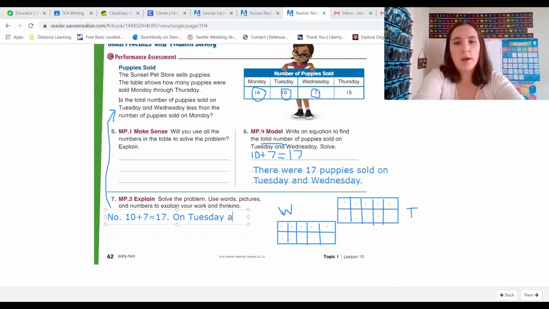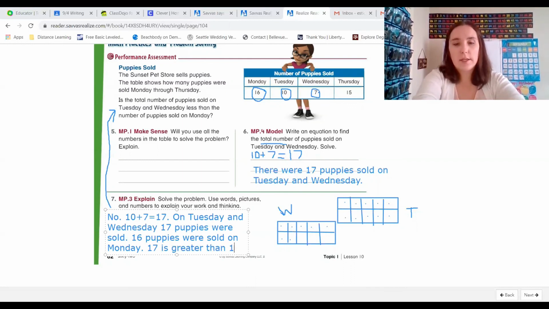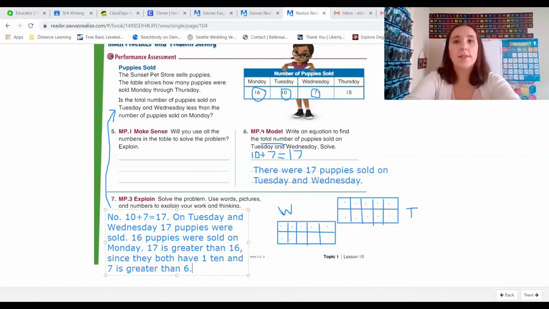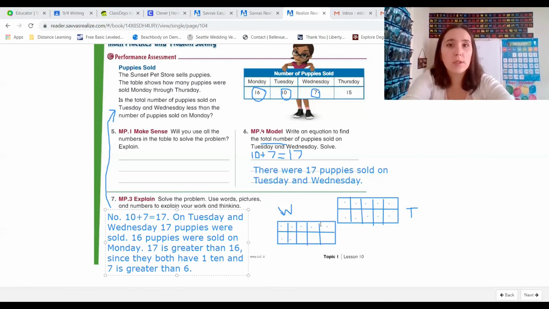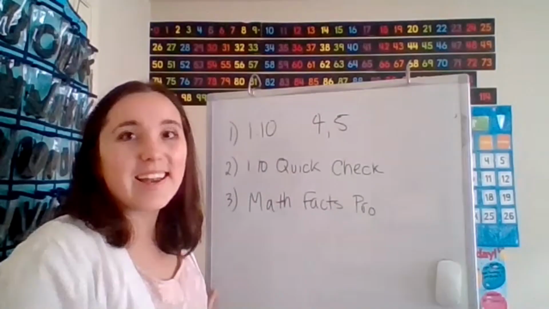On Tuesday and Wednesday, 17 puppies were sold. 16 puppies were sold on Monday. 17 is greater than 16 since they both have 1 ten and 7 is greater than 6. Okay. So that's how I explained why 17 puppies sold on Wednesday and Tuesday is greater than 16 puppies sold on Monday.